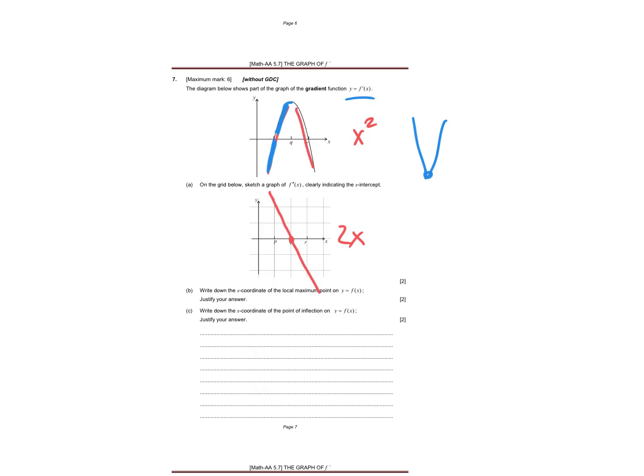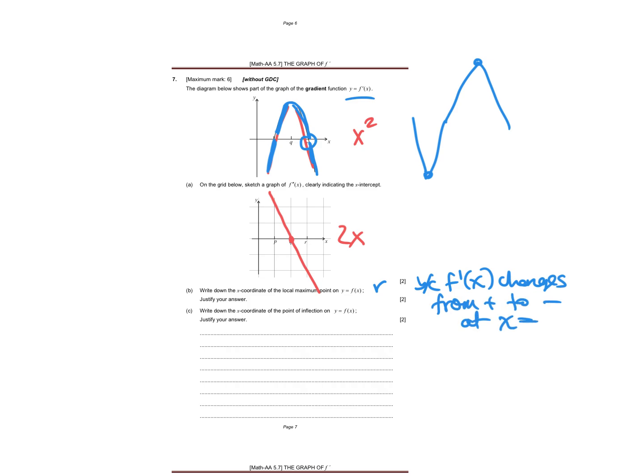And then we have positive gradient to negative gradient. So at R, x equals R is the local max because f'(x) changes from positive to negative at x equals R.